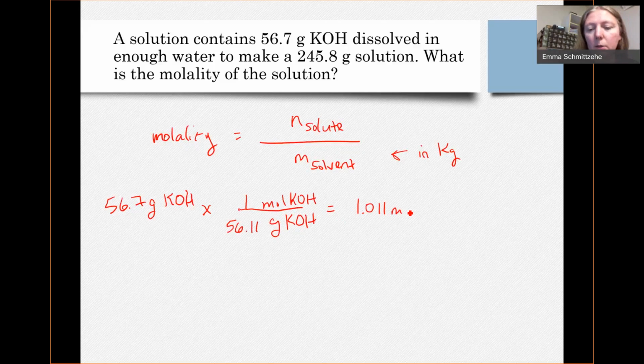Again, I'm keeping an extra sig fig because we're not done with the calculation. So I have the moles of solute, my top number. Now on the bottom, I'm going to need kilograms of solvent.